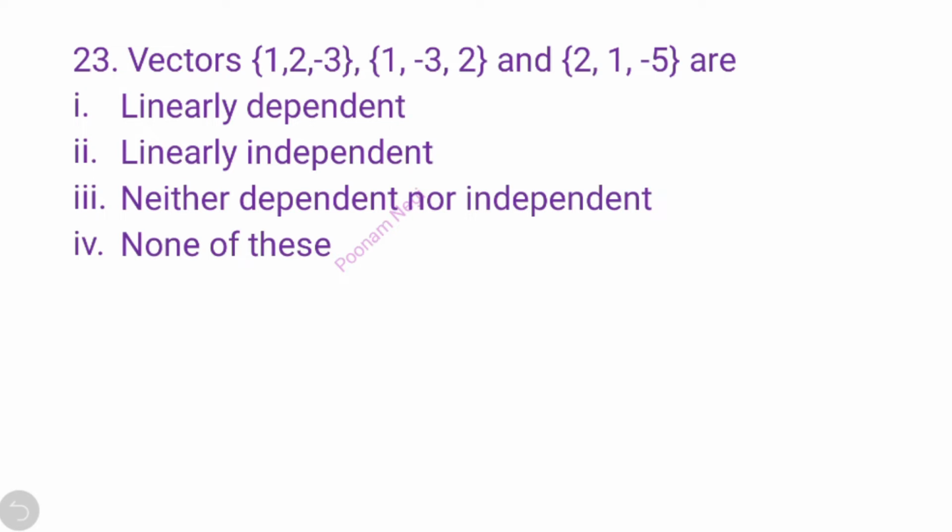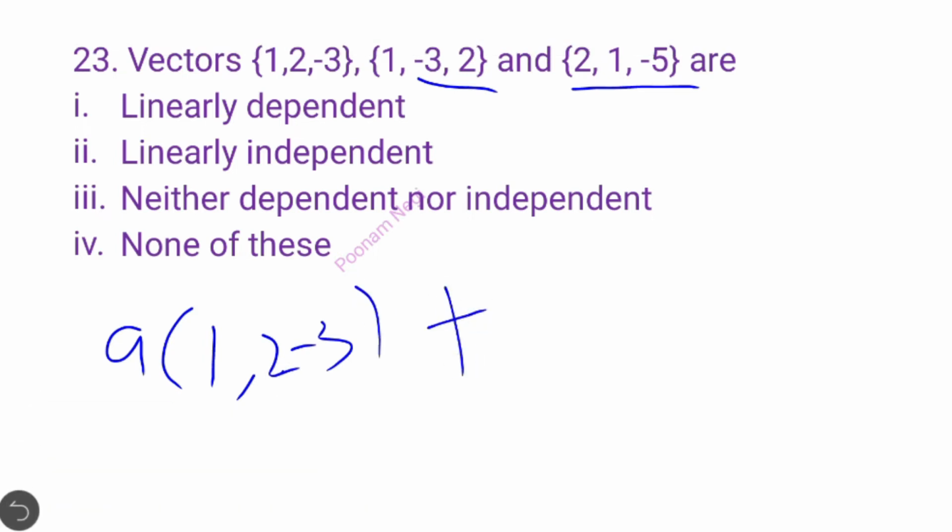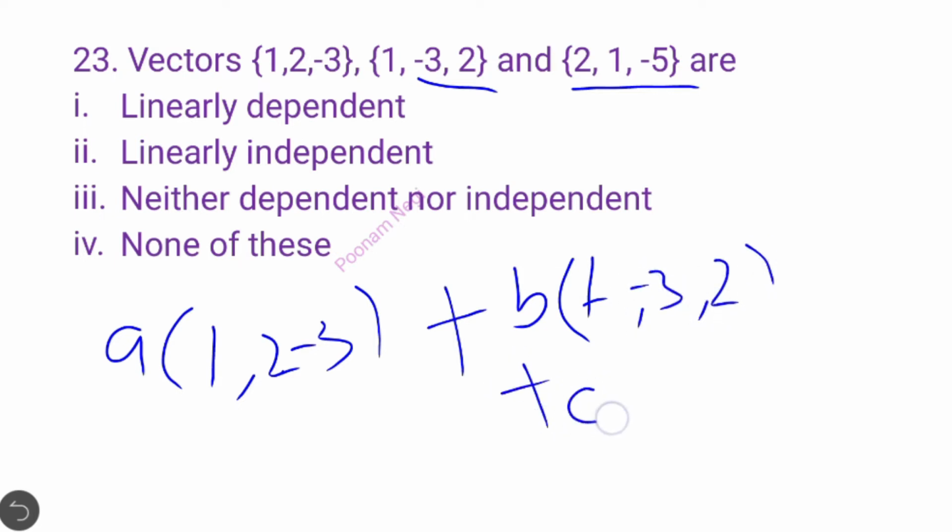Next question is, the vectors (1, 2, -3), (1, -3, 2), and (2, 1, -5) are? To check the linear dependence or linear independence of these vectors, we have to write them as a linear combination: a(1, 2, -3) + b(1, -3, 2) + c(2, 1, -5) = 0.